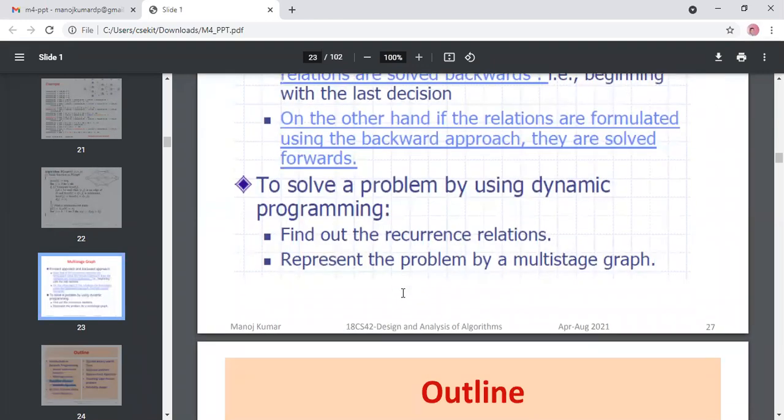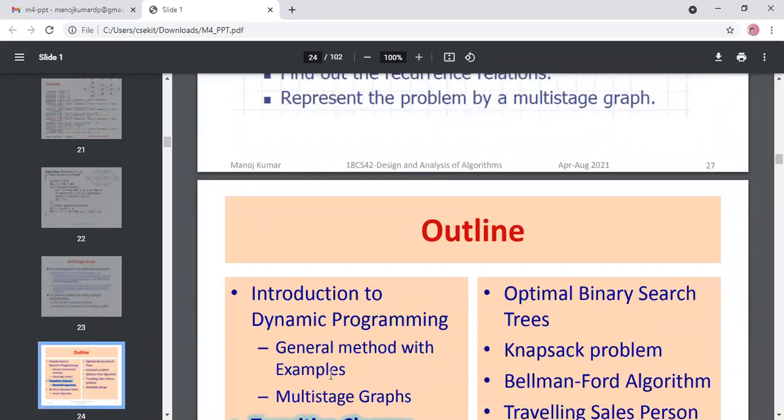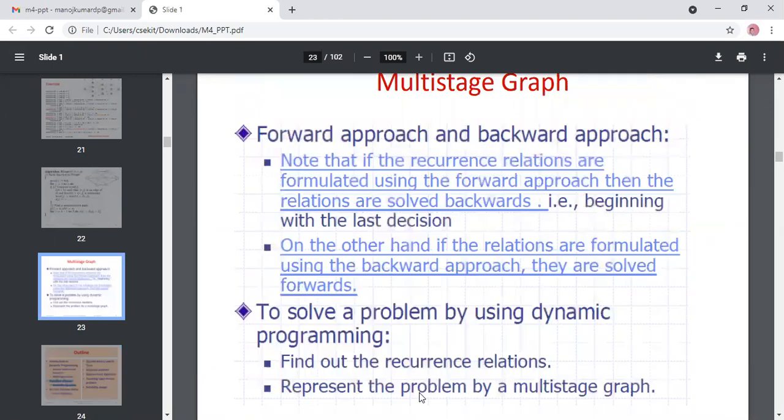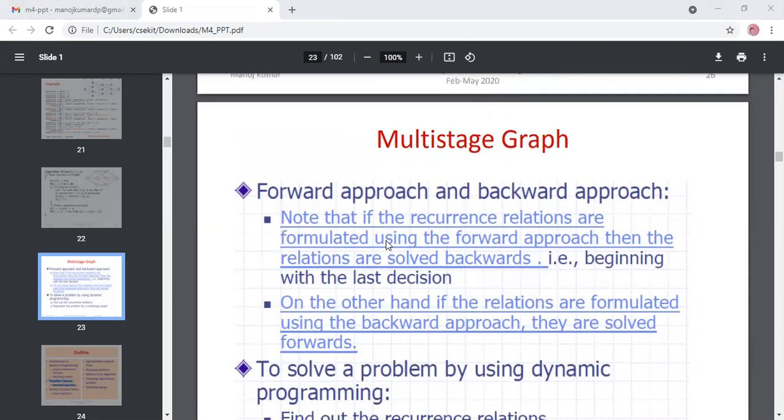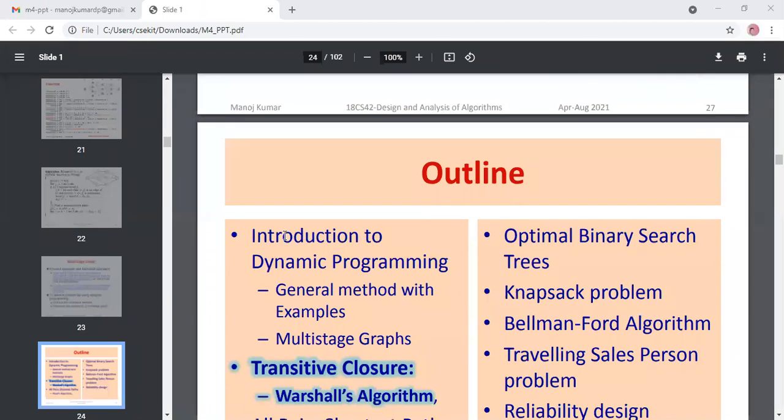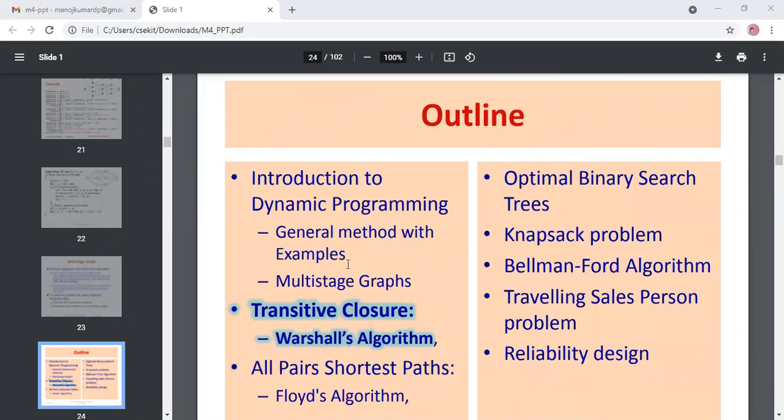So that is the introduction. We have gone through the general method with examples, as well as multi-stage graphs.